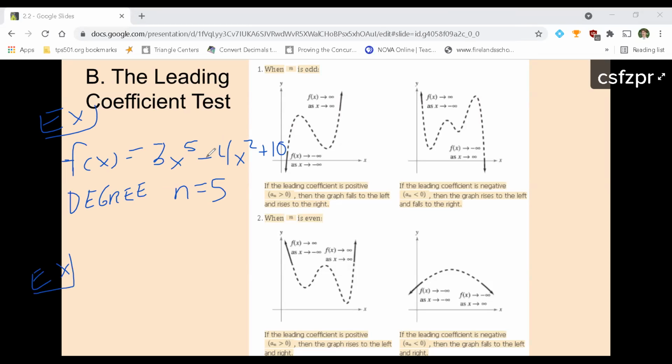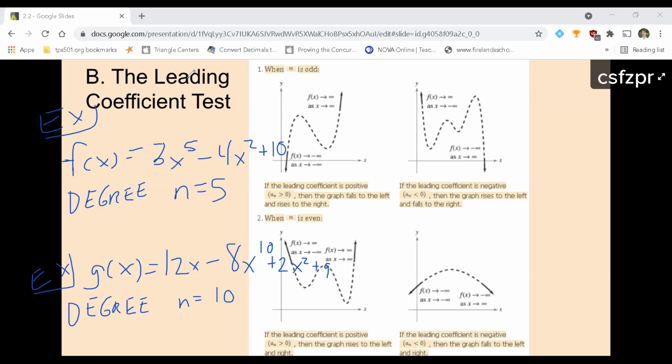Another example. Let's say g of x was 12x minus 8x to the 10th plus 2x squared plus 9. That one would have a degree of 10 because 10 is the largest power.